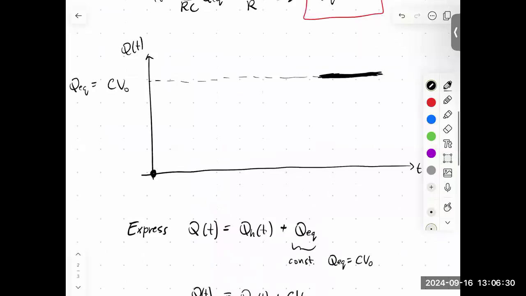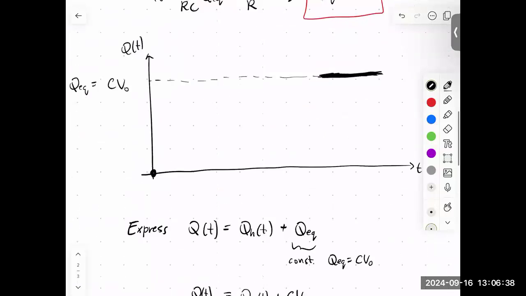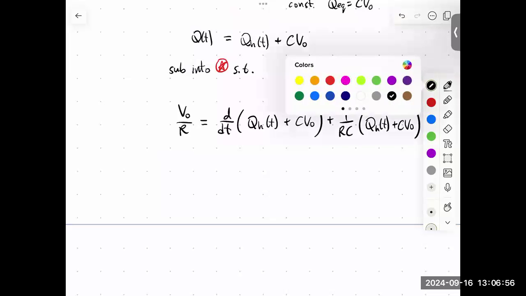And then if we go back and look here, we had plus 1 over RC times Q. So that's what we have left. So we have plus 1 over RC times Q, and this is going to be QH plus CV naught. We were guessing that we could write our solution in this way.